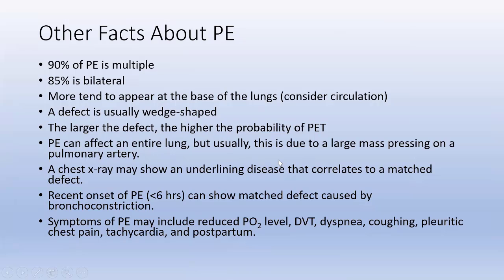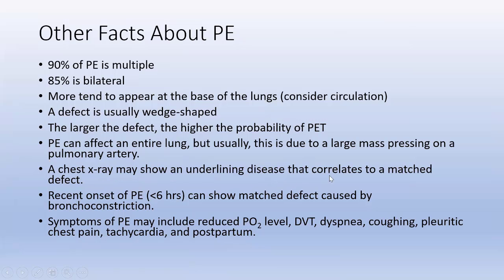More likely, though, if there's an entire lung missing, there may be a tumor pressing up against the bronchial and the pulmonary, preventing blood from actually going in and air from going in. As a result, you get a match defect. But I've seen a mismatch defect in this scenario where actually it was PE.